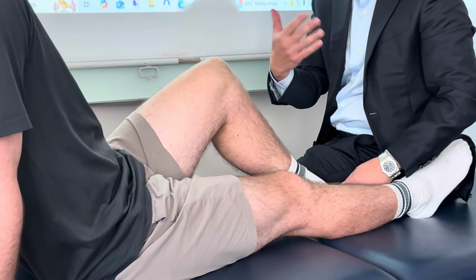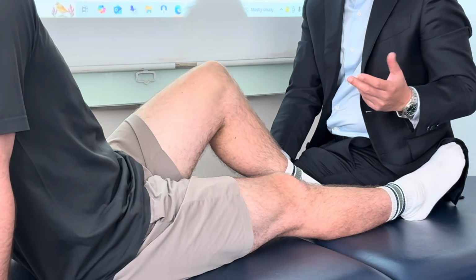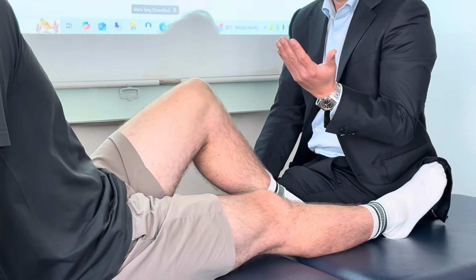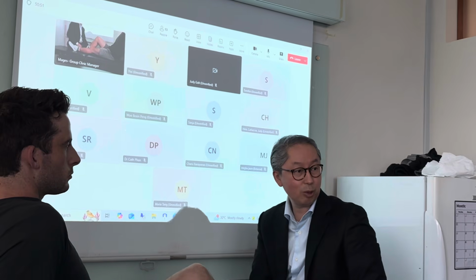And actually I've picked that up quite often. People don't even know it. The chronic sequelae for grade 1, grade 2 PCL injuries is actually patellofemoral pain.